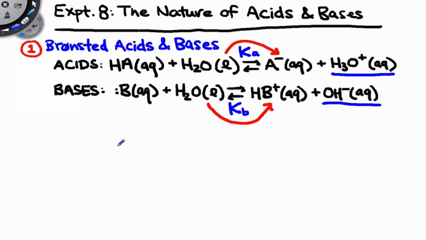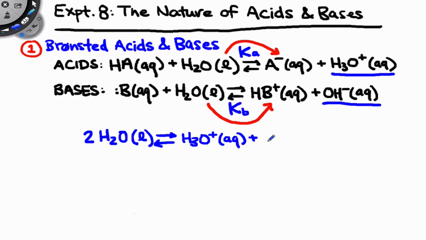Now, the two are related by a reaction known as the self-ionization or autoionization of water. This just involves two water molecules, one acting as a base and one acting as an acid. The one that acts as a base gains an additional proton and forms the conjugate acid, H3O+, and the one that acts as an acid gives up a proton, forming the conjugate base, OH-.